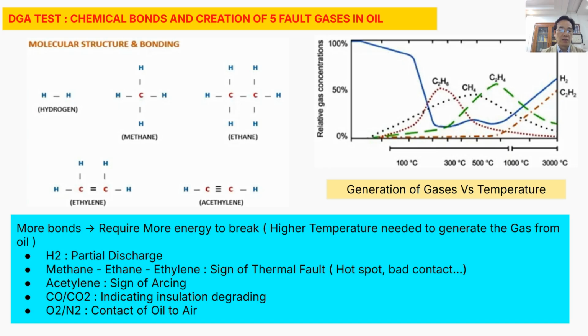Ethylene is more special: we have two bonds between two carbon and four bonds for four hydrogen. Acetylene, we have three bonds connecting two carbon and one bond connecting each hydrogen to create the acetylene molecule.